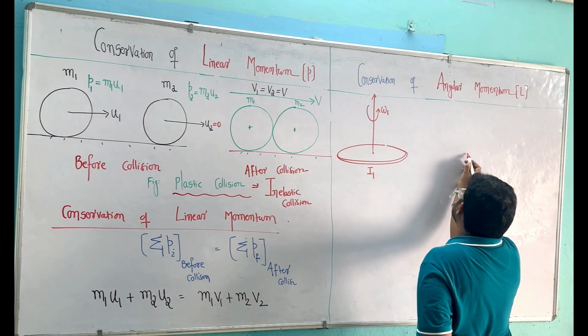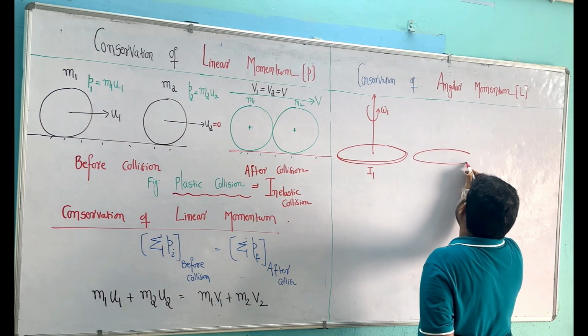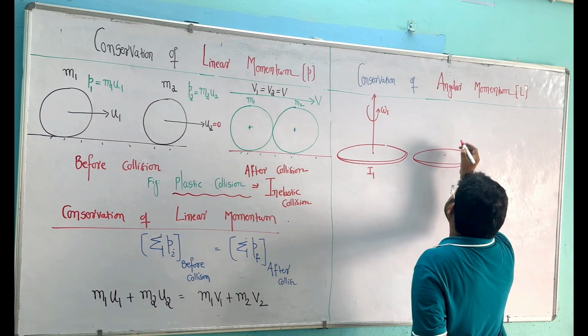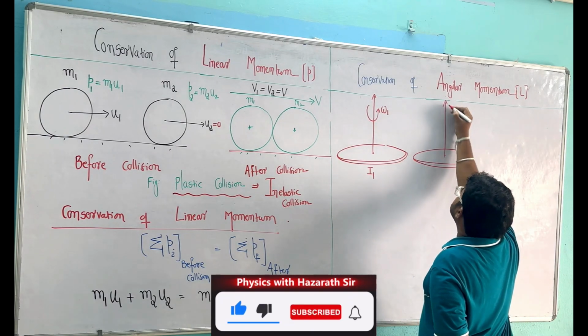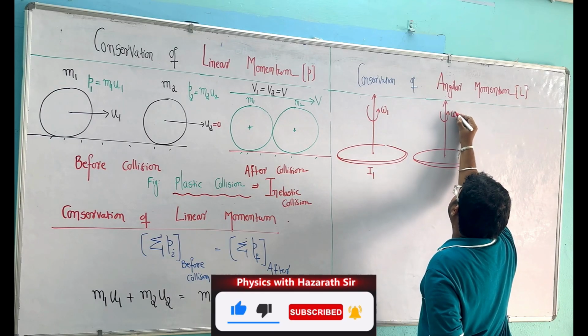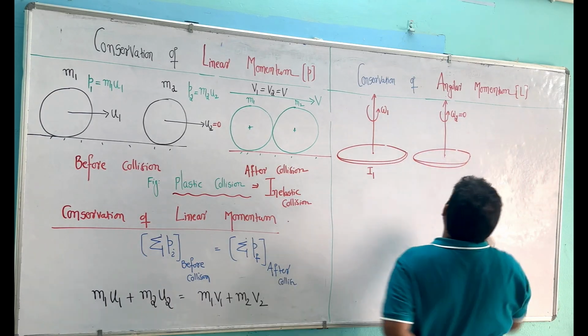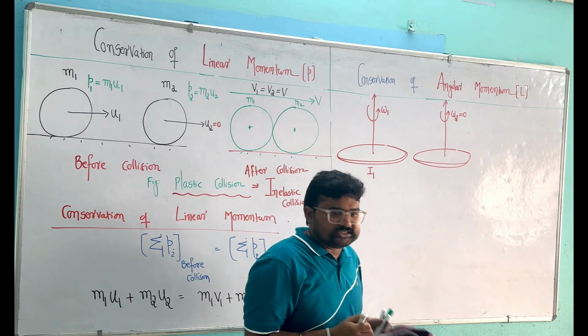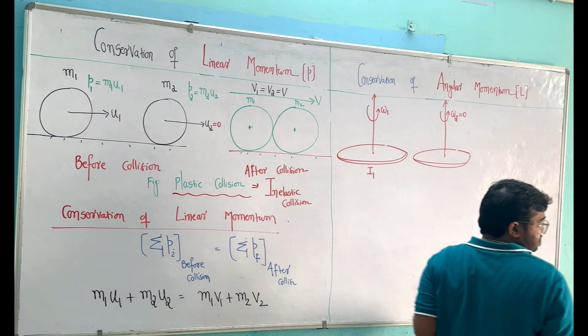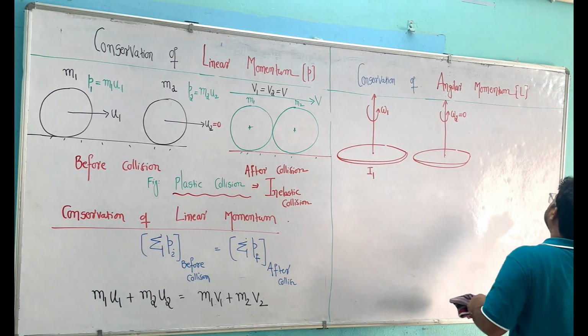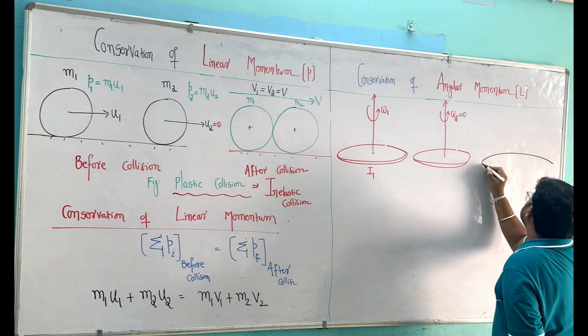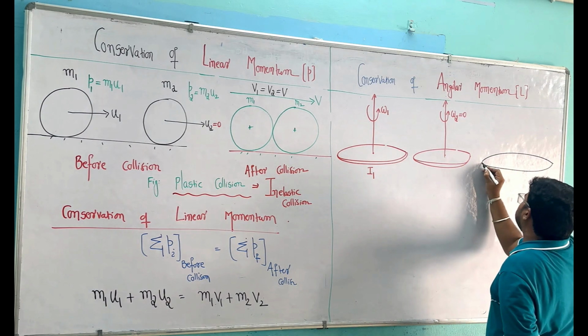Another disc is a stationary disc. So here omega 2 equal to how much? This is omega 2. You can take it as 0. This disc is gently placed on the rotating disc 1.